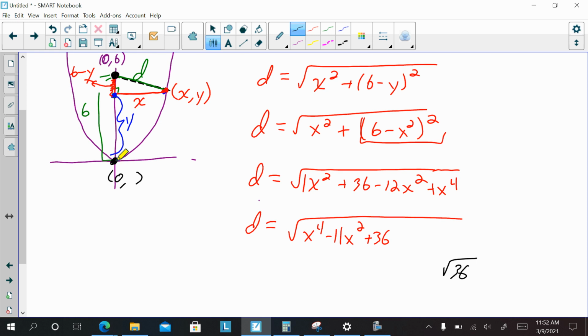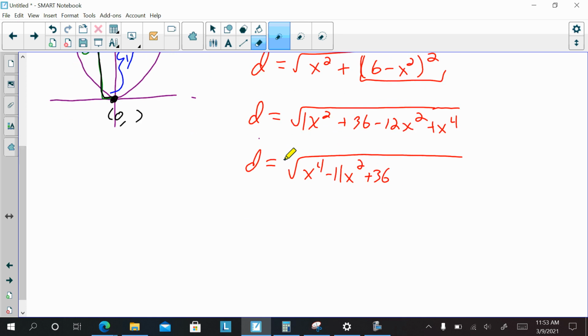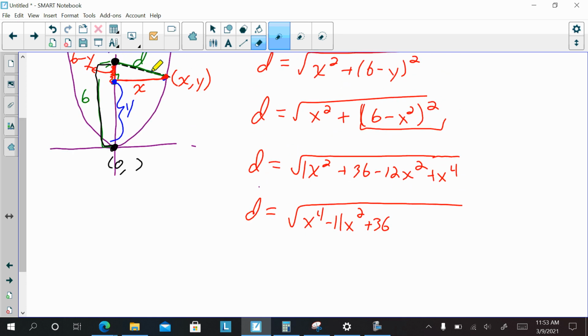Isn't the distance from here up to that point 6? And yes, it is. If this point is at 0, 6, then from here to here, that total distance is 6. And that's going to be true for any point. The distance from here to that point will be given by this formula. And like we said, technically it's plus and minus because there's going to be one on the right and one on the left.